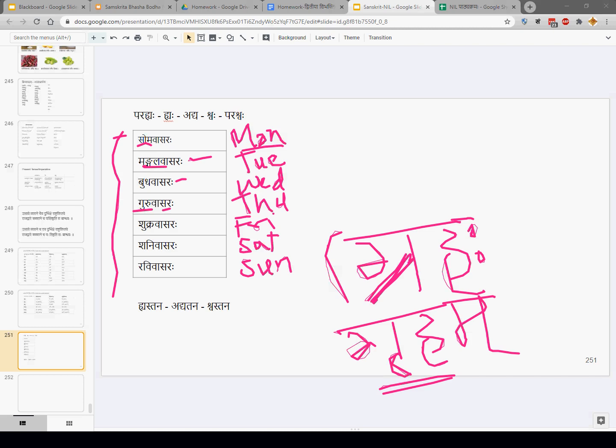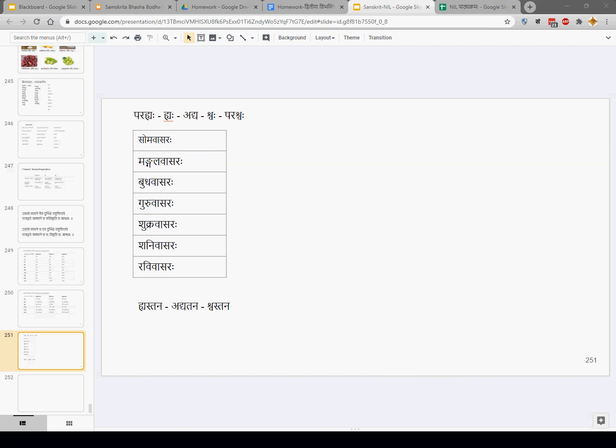So Guru Vasaraha, in our Puranas, there is a character called Bruhaspati. He is a teacher of the gods. So this one is named after that Guru. Sometimes you might hear Bruhaspati Vasaraha. It's a long name, but that is also quite common.